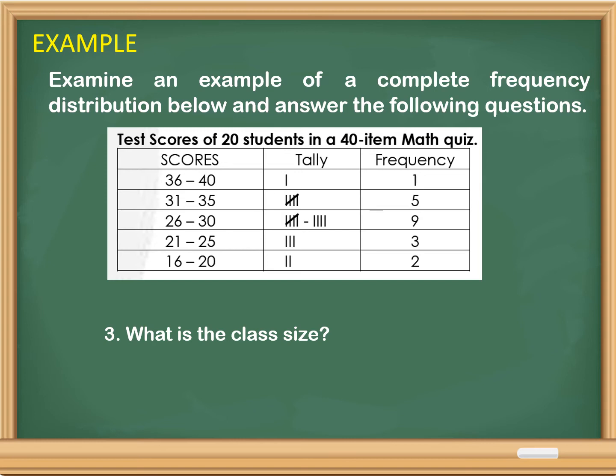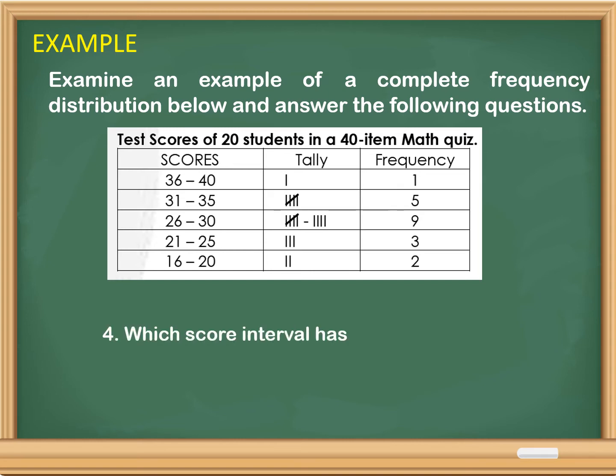The class size is 5 because there are 5 values in each class interval. Example, the class interval 36 to 40. The values are 36, 37, 38, 39, and 40. So the total number of values is 5, which is also the class size.